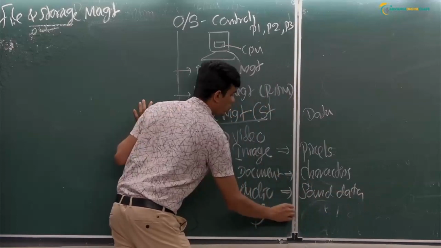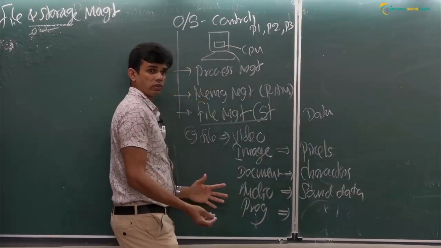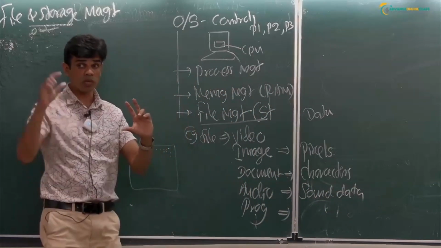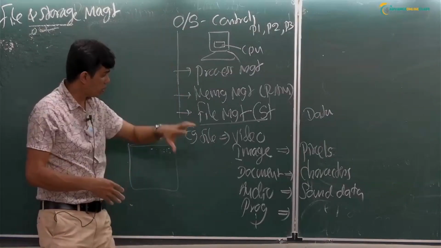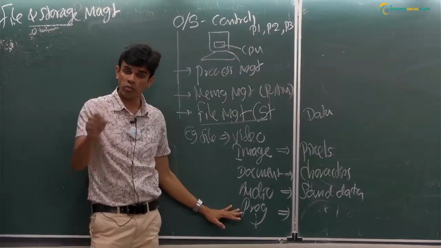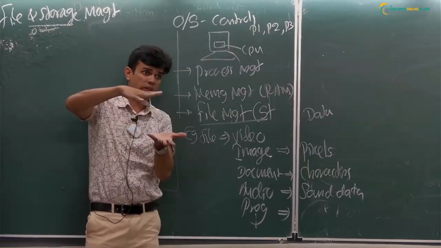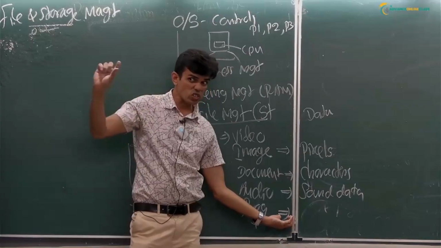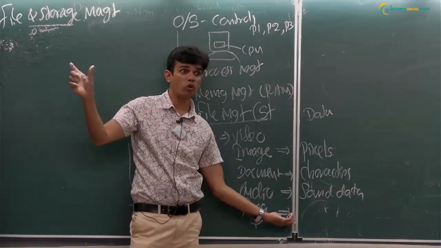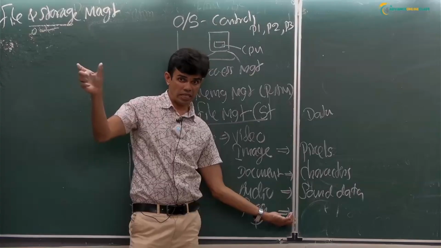Right. Then in the program file, just like Microsoft Word, when you double click on that, Word will get executed. Even some other program, Zoom: when you double click on Zoom, Zoom will get open. Does it have pixels or does it have instructions available in the code format? Instructions are there, right?